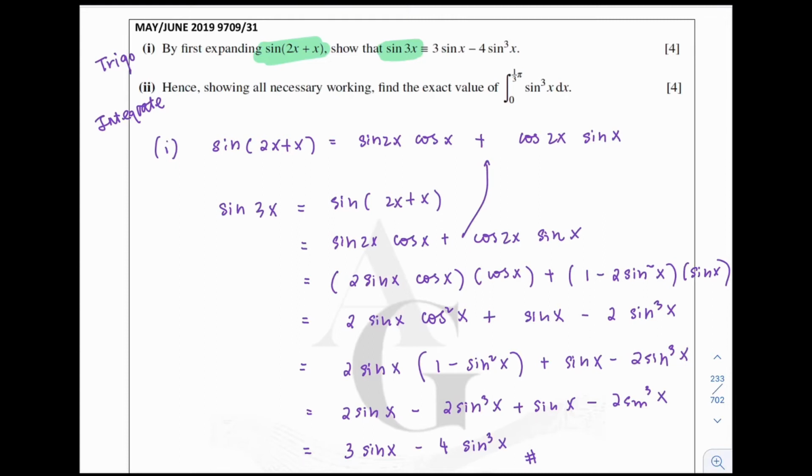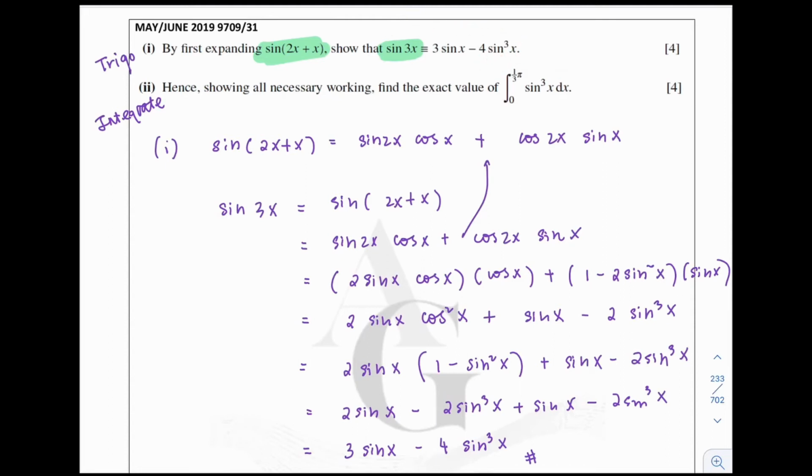If it is sin square or cos square, we need to change it into linear cos and sin by using the cos double angle formula. But now it's sin cube. So how is it possible to integrate sin cube? We can't integrate sin cube directly, and that's why we need to look back at part 1. In part 1, there is a sin cube here.